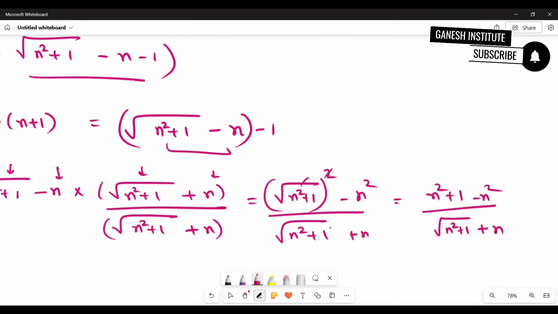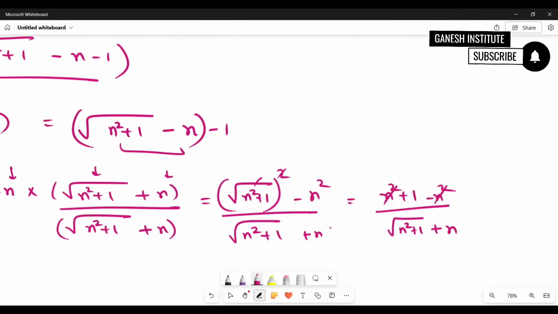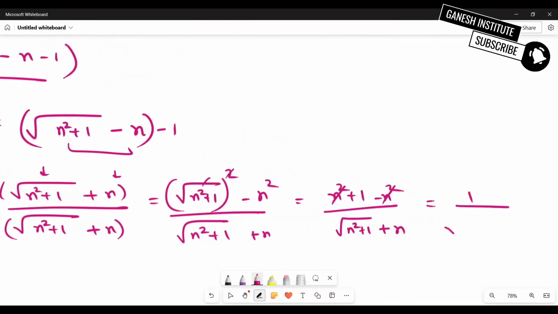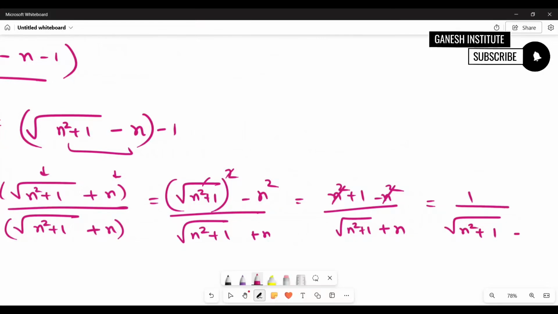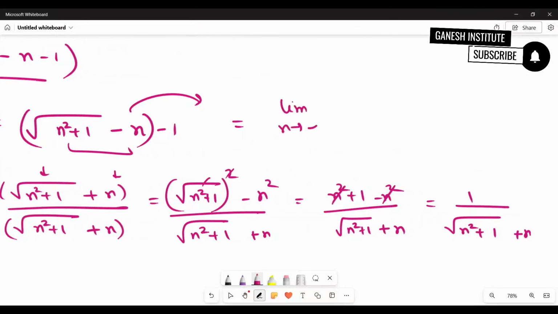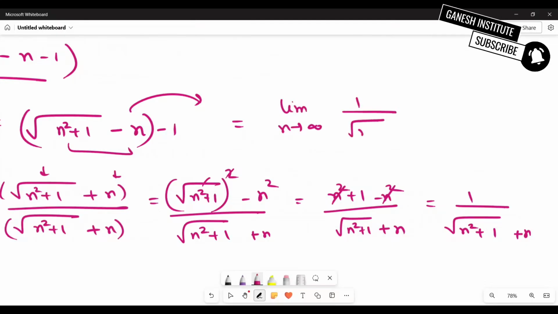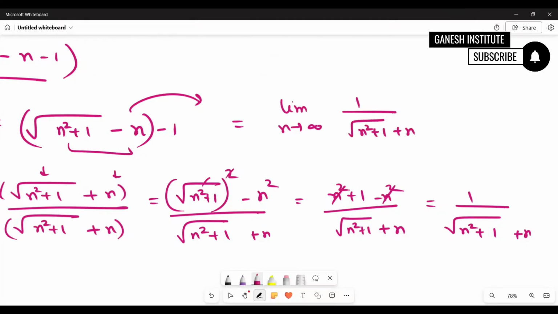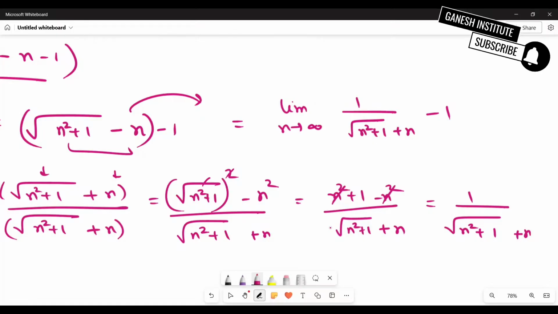So n square is gone. So I've got this here, which means the question has become limit n tends to infinity of this value, minus 1, right? Yes. Now what can I do with it?